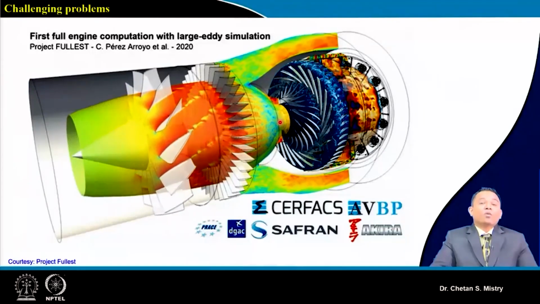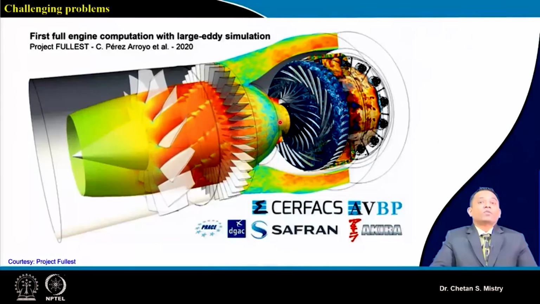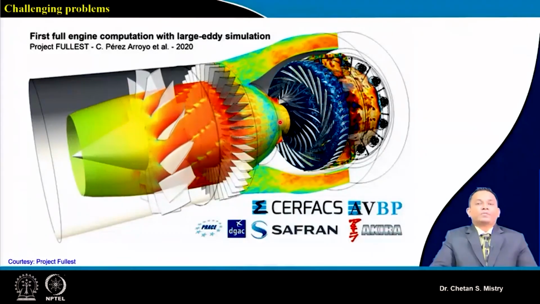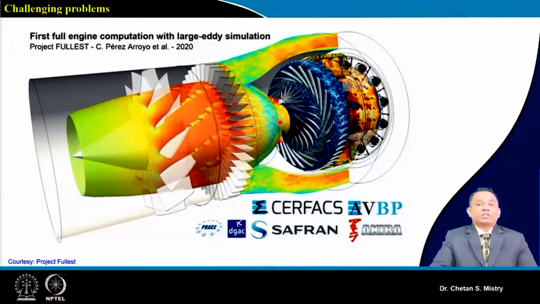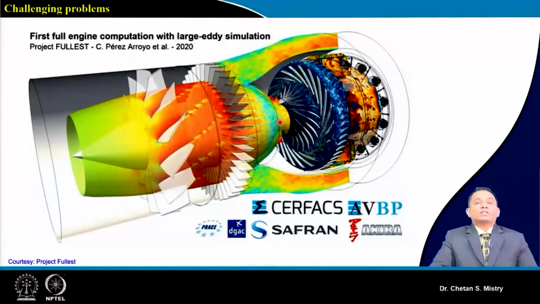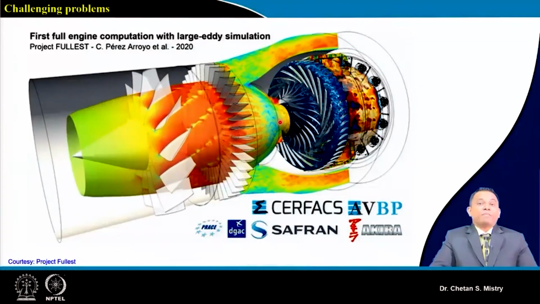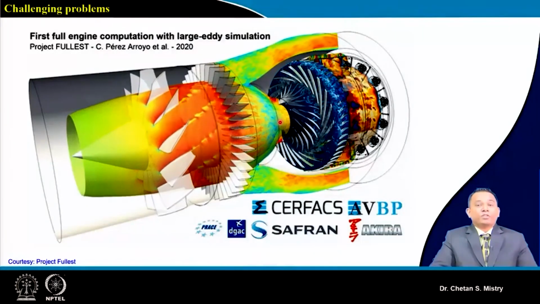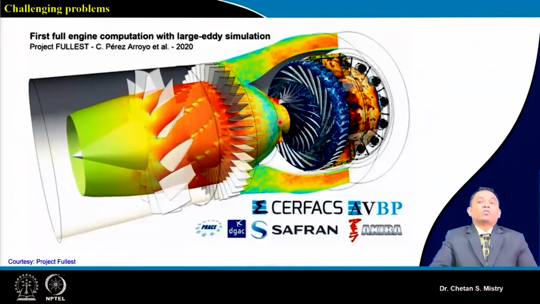Now we are looking for this kind of simulation. This is computationally very expensive. When we talk about LES, we discussed in the initial lectures when we started discussing CFD, these aspects: my mesh size requirement, my computational power requirement, my time requirement for the simulation will be huge.